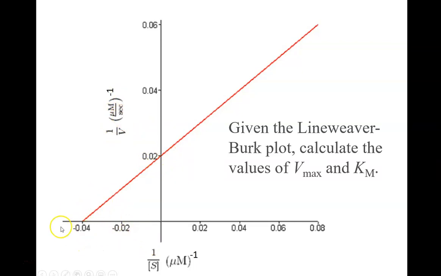We can do the same thing over here for the Km. We can see that our x-intercept is equal to minus 0.04. And again, if we take the negative reciprocal of minus 0.04, we get 25 micromolar. So again, on our x-axis, we would have plotted 1 over micromolar, the reciprocal of the substrate concentration.